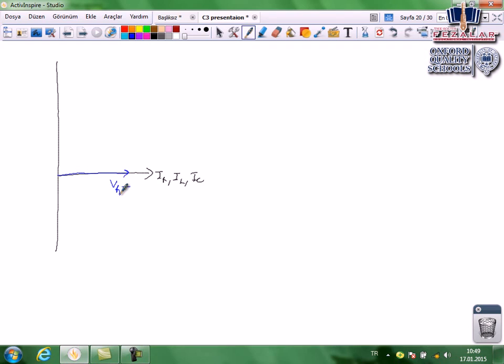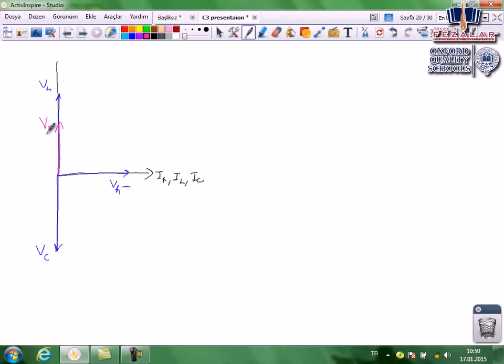And we know for an inductor, VL leads current. This is VL. And for a capacitor, VC lags behind current. So it is VC. As you see, on the y-axis there are two vectors, so we will take the resultant vector of them. If VL is greater, we can draw the resultant vector on the y-axis as Vx.